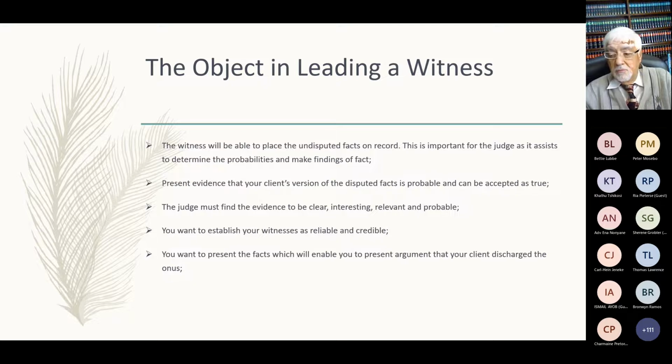It's important because it assists the judge to determine the probabilities. Okay. Now, I'll show you how you deal with this when you lead the witness. You must present evidence that your witness's version of the undisputed facts is probable and can be accepted as true. That's what you want to do when you present every witness.